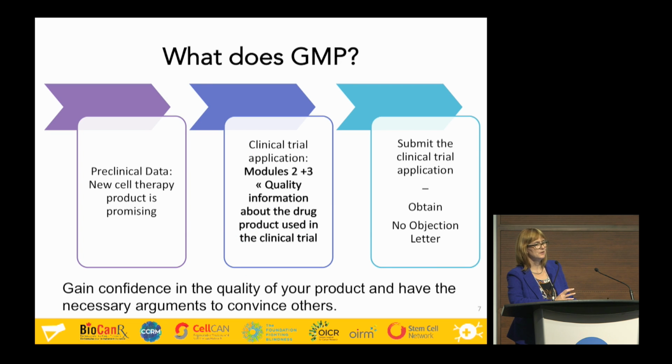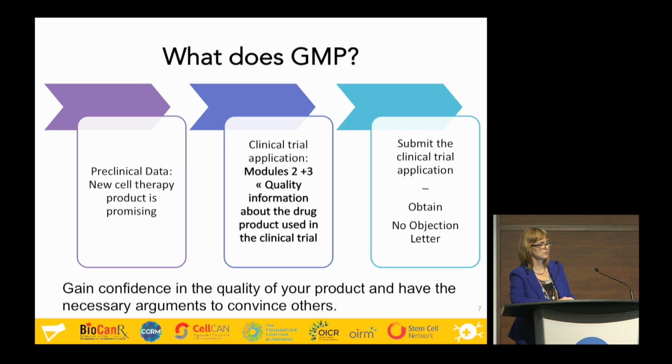And what does GMP do for you? Once you have your new product and you have your preclinical information, you want to go to the clinical trials. In order to do that, you need to submit, as it was said earlier, a clinical trial application in order to obtain what Health Canada calls a no objection letter.